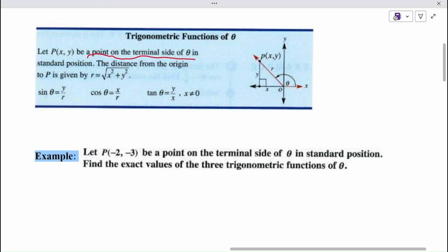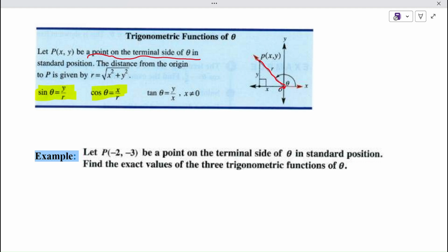The distance from the origin to P is given by r is equal to the square root of x squared plus y squared. Now, sine theta is equal to y over r, cosine theta is equal to x over r, and tan theta is equal to y over x.